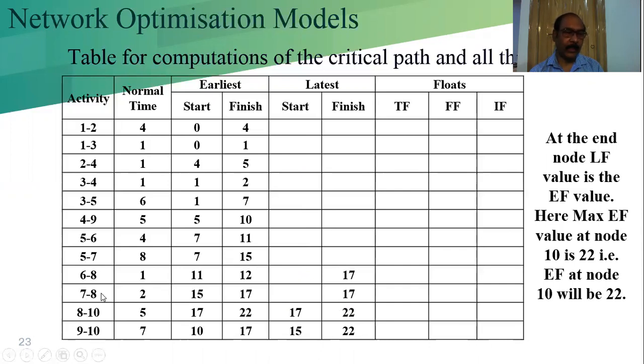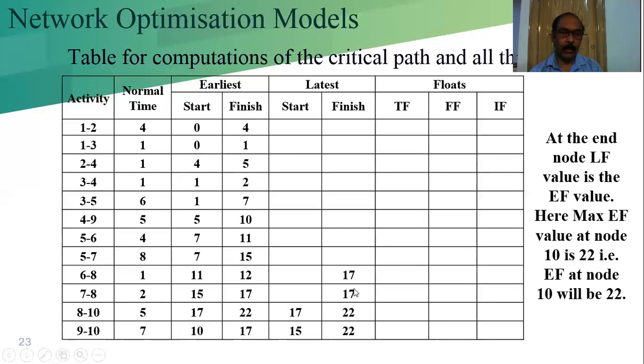Now we are calculating at the node 7, 8. Here is the 7, 8. So from whatever we already calculated, we have to find out the 8. What is the value of the 8 node? Start time 17. This is the 8. Here is the 8, 6 8 and 7 8. 6 and 7 are the predecessors of the 8 node.